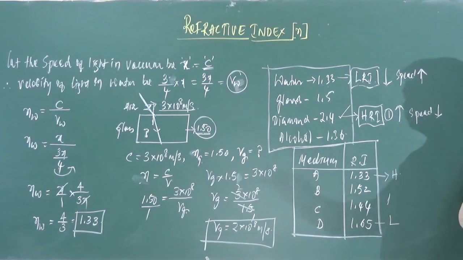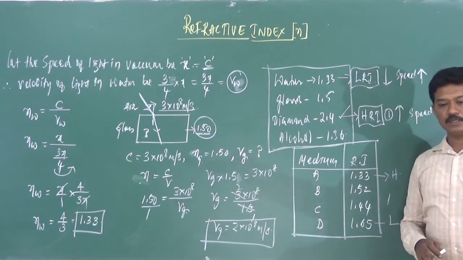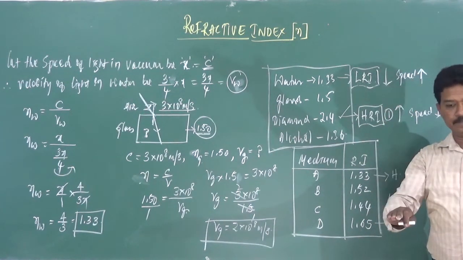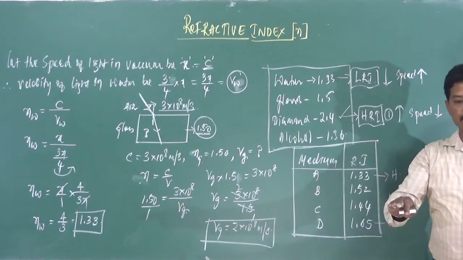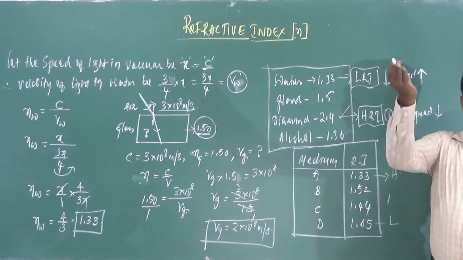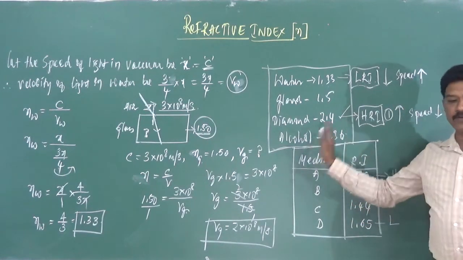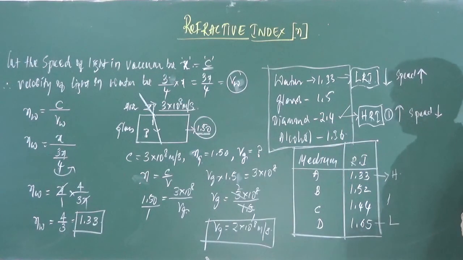Once again, I will confirm this. More the refractive index of a medium, less the speed of light through that medium. Lower the refractive index of the medium, higher the speed of the light in that medium. If you remember this, you can answer n number of questions on this particular topic, right?